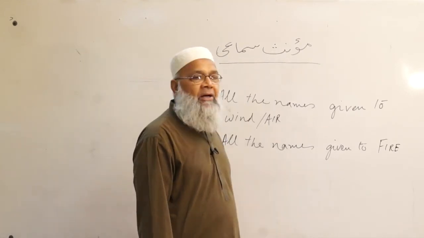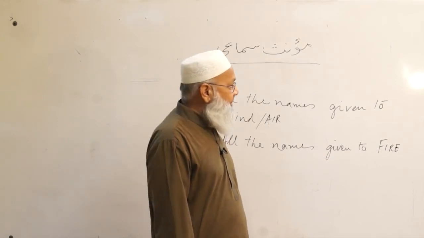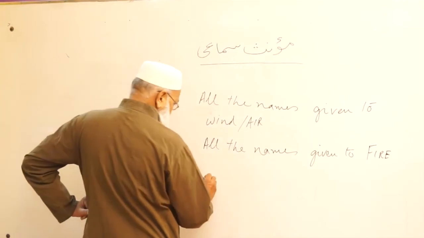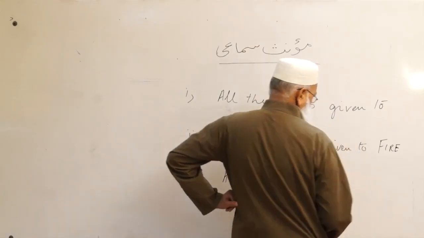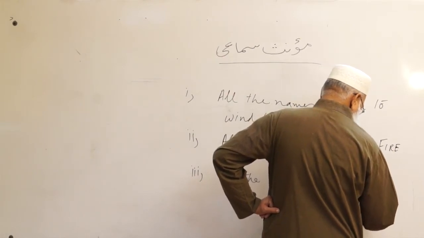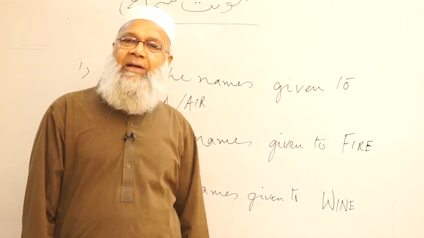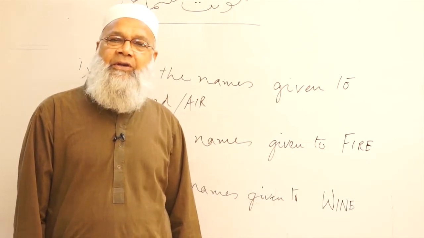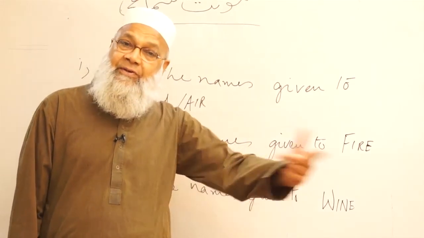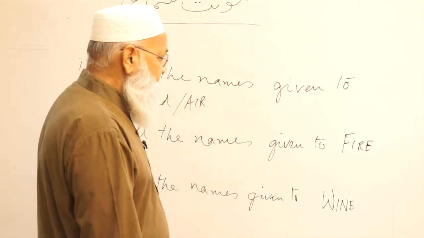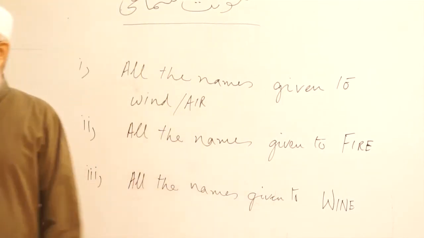All these will be treated as feminine in Arabic. Third category, all the names given to wine. Example in English you can say liquor, whiskey, champagne. These are all the names given to different wines. So they will all be treated as feminine in Arabic.